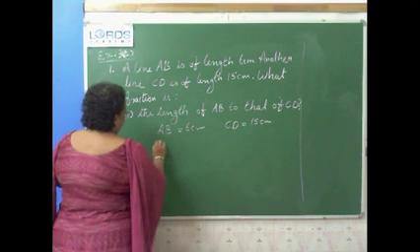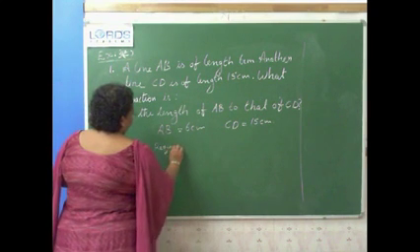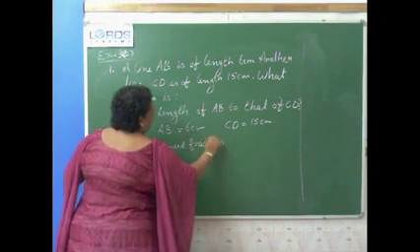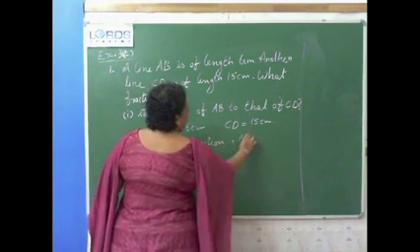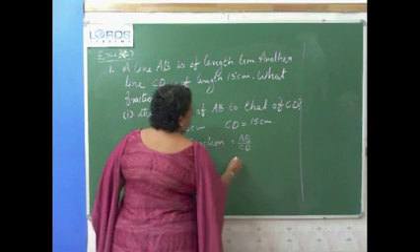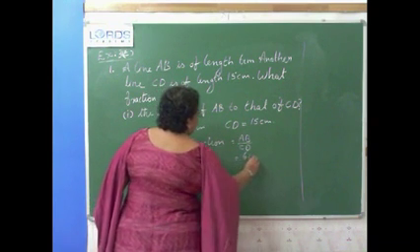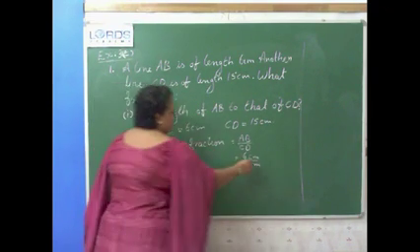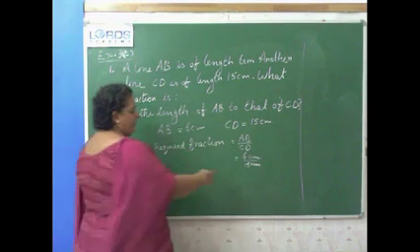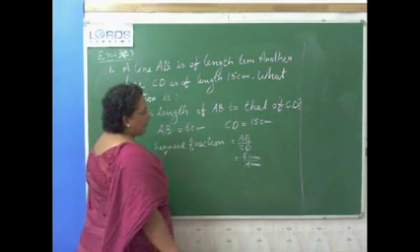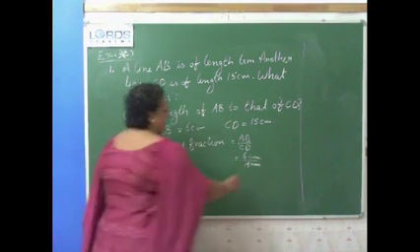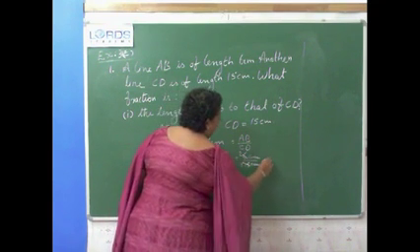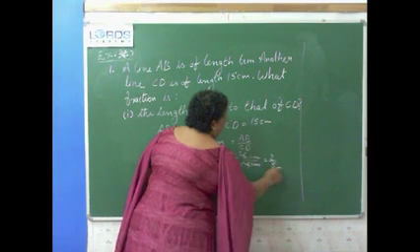So here the required fraction is equal to length of AB by length of CD, that is equal to 6 centimeters by 15 centimeters. Both the centimeters will be cancelled. Only the fraction will come. 6 and 15, common factor 3 is there. 3 will go here 2 times and here 5 times. So the fraction you are getting is 2 by 5.